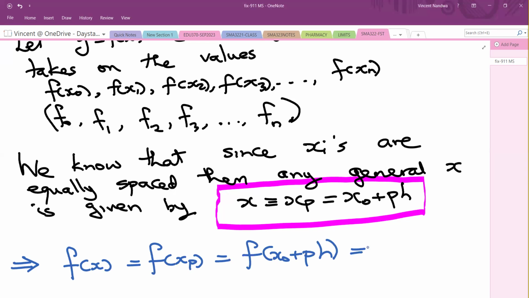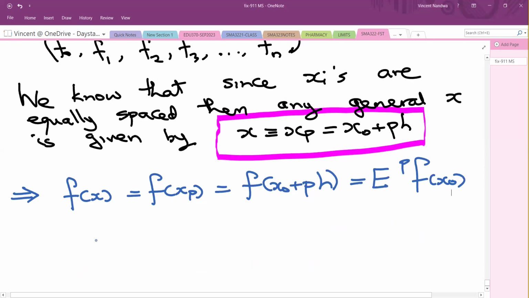And this is nothing but shift raised to power p of f of x naught, i.e., we are saying that f of x is equal to shift raised to power p of f naught.